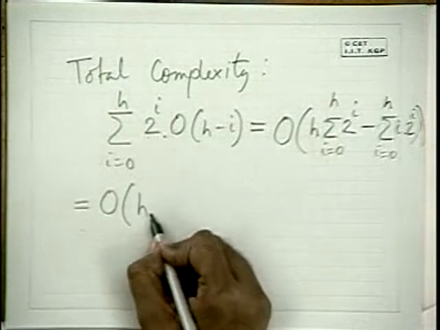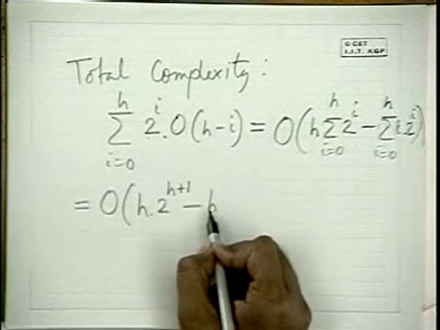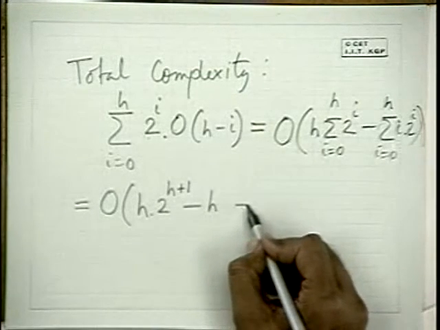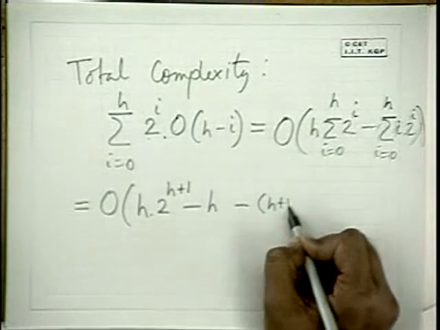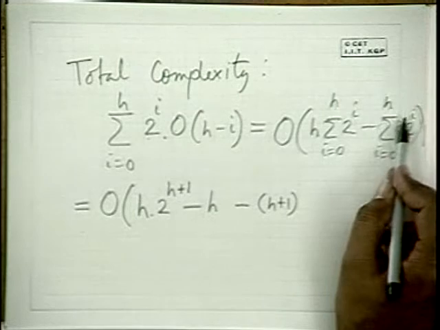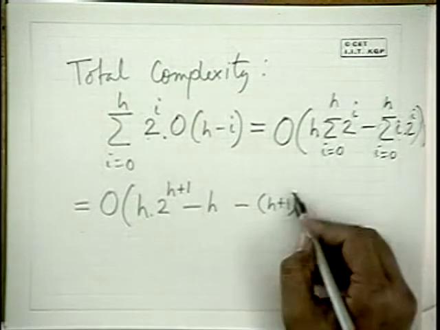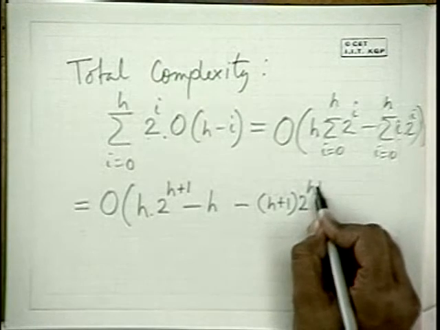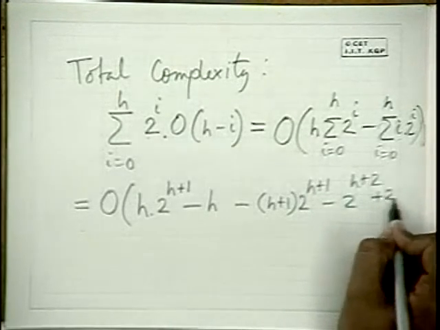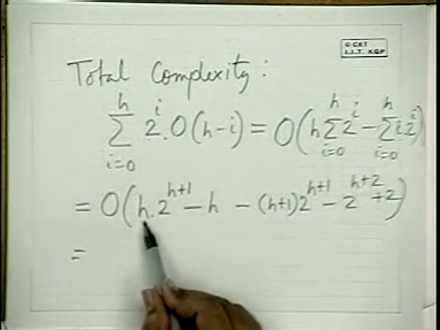So this is h times 2 to the power h plus 1 minus h, that this term will give, minus h plus 1. This is already what we derived. This is what I needed, that formula. Okay, h minus 1, 2 to the power h plus 1, minus 2 to the power h plus 2, plus 2.